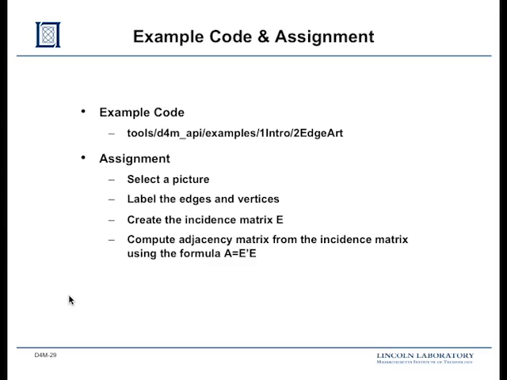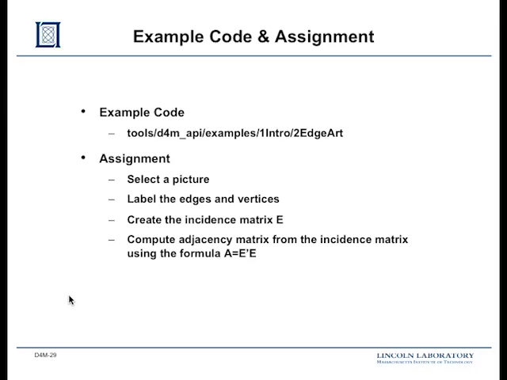You do want to limit the number of lines, though. I would recommend 20 would be the most number of lines you do, because this can get fairly involved. You might start with something fairly small. So select a picture, label the edges and vertices, create an incidence matrix, okay? And then just compute the adjacency matrix from the incidence matrix using this formula.